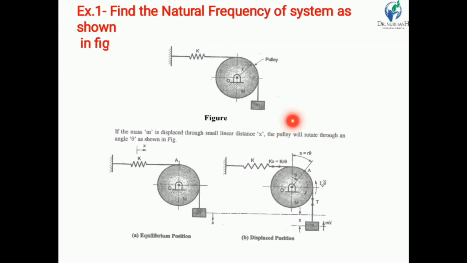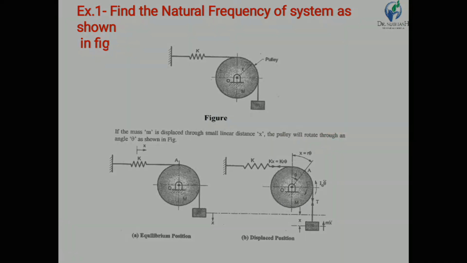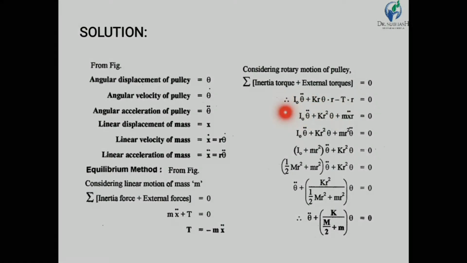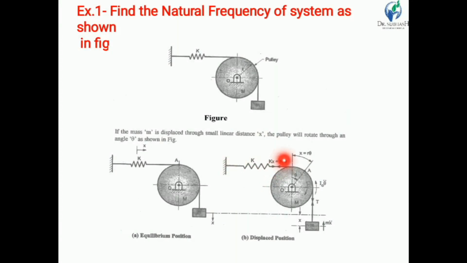Our pulley is rotating in the clockwise direction, so the inertia torque will act in the anti-clockwise direction. The inertia torque is I O into theta double dot, plus the spring with stiffness K also gives a torque. Kx is the stiffness force, and force into distance is a torque. So we write Kx into r.